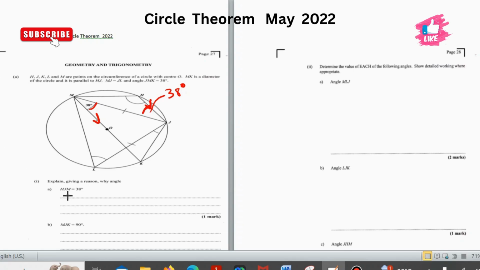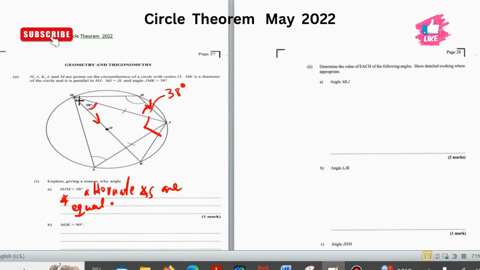So we know that alternate angles are equal. Okay, so we know that. So MJK is equal to 90 degrees. They want to know why this is equal to 90 degrees.